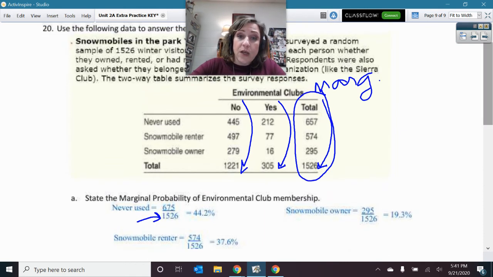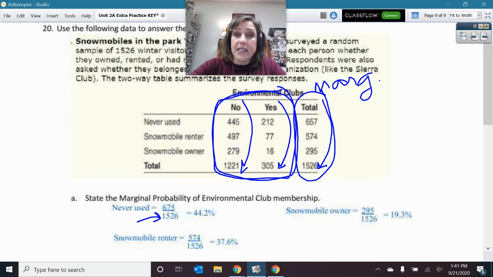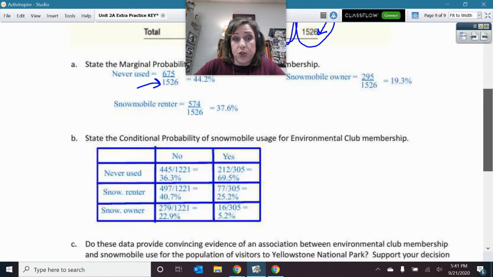Okay, but then we get into this section here. This is conditional upon you being in the environmental club or not. What's the rate at which you do things?